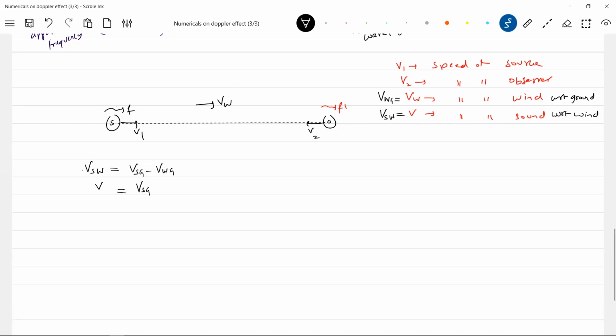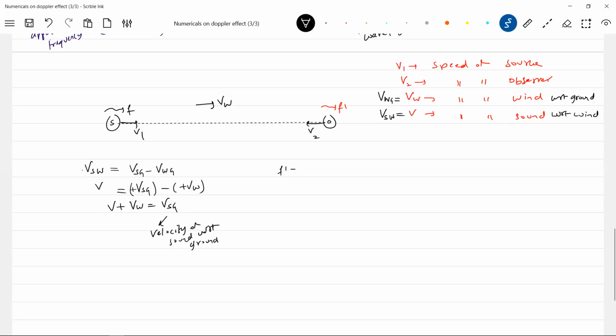Let it be towards right, no? And the wind is blowing towards right. So therefore this will become V plus VW equal to VSG, the velocity of sound with respect to ground. Now the apparent frequency.